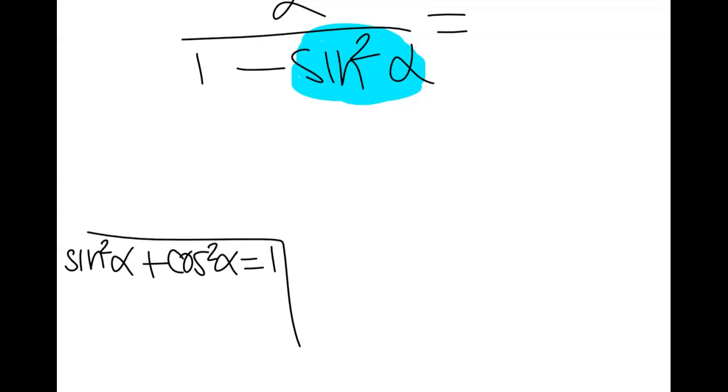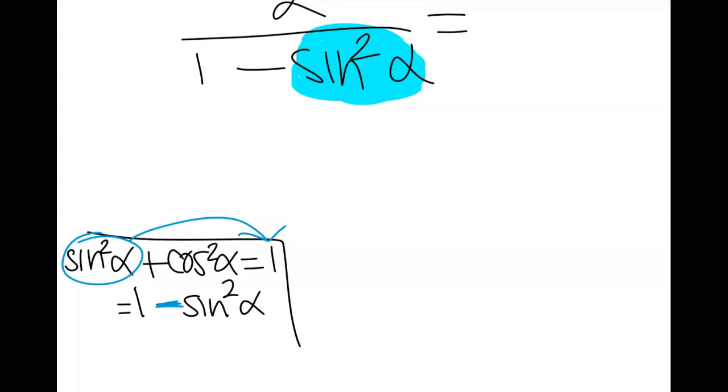So let's see what happens if I take this positive sine square to the right side. Then it will be negative, right? Inverse operations.